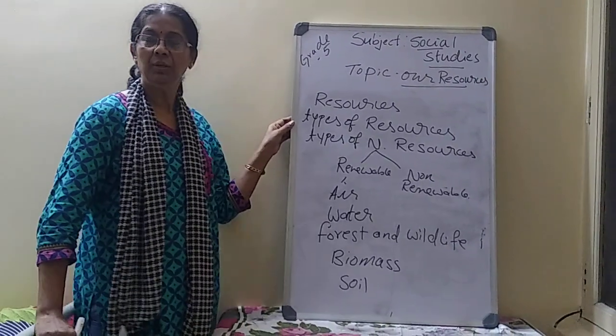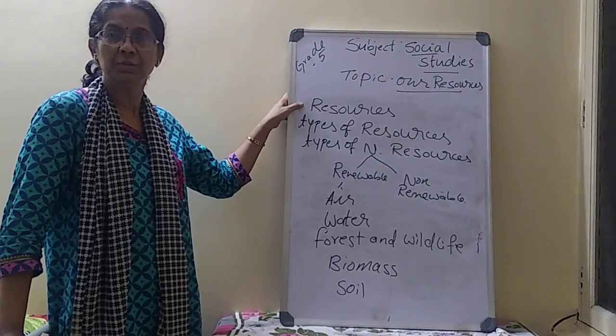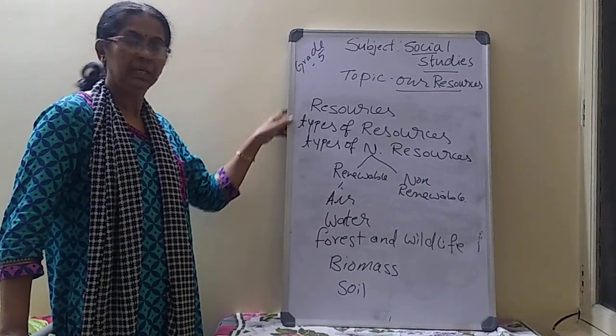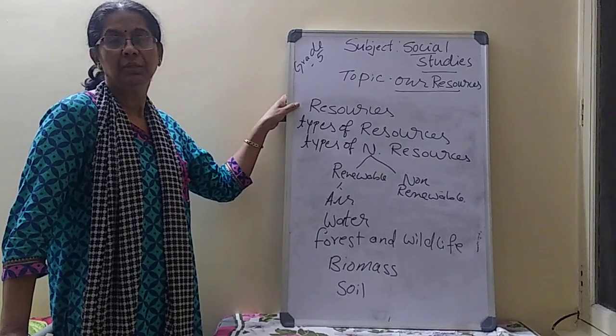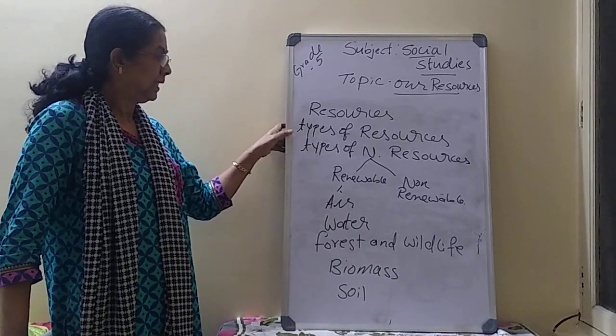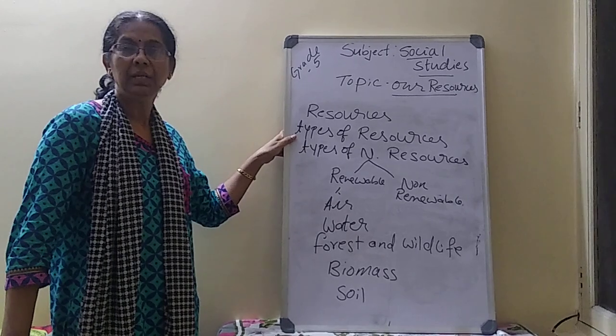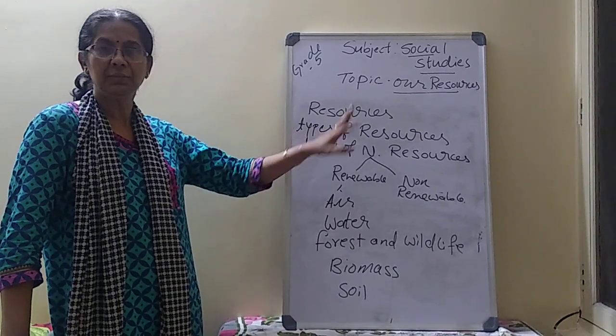Children, let us recall now so far what you have learned. The first one, you learned what is resources: the things we need to fulfill our needs. Then the types of resources, we have natural resources and man-made resources.